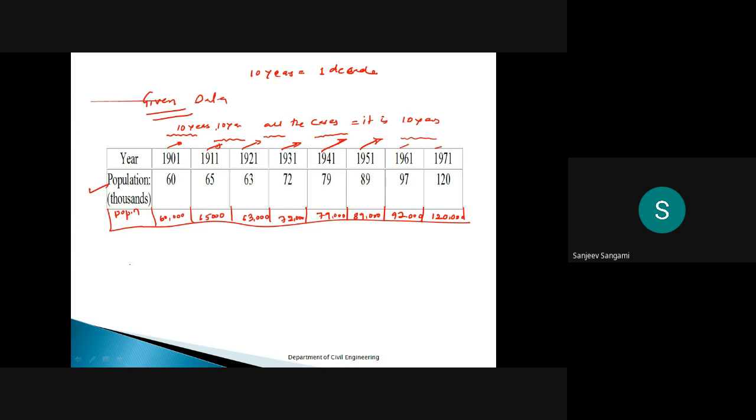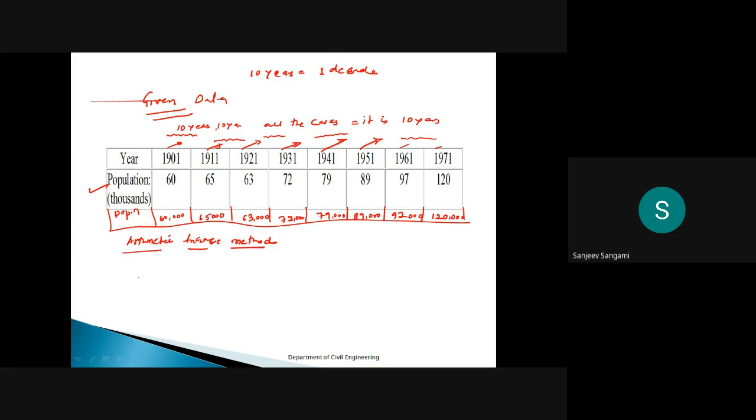Then we start with the arithmetic increase method.